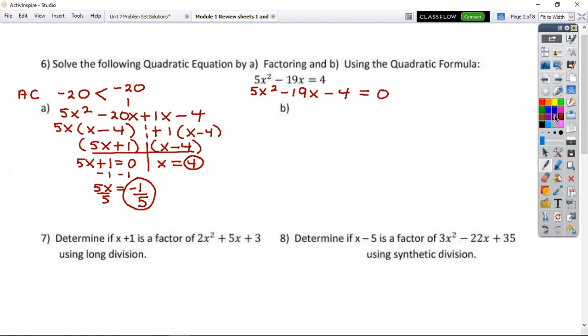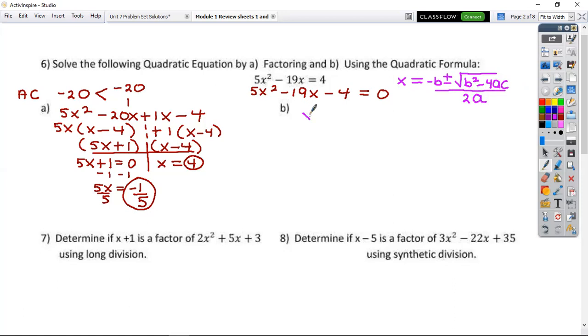So now I'm going to go on to the other side, and now we're going to do the quadratic formula. Quadratic formula is x is equal to -b plus and minus the square root of b squared minus 4ac all over 2a. And this is going to yield the same exact answers as we obtained on the left, just a different way to do it.